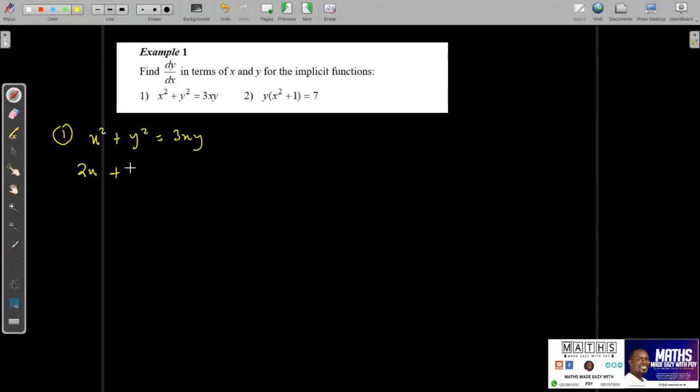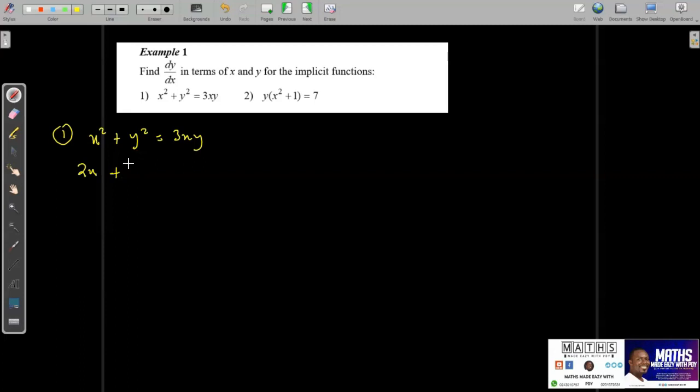Are you sure that it's 2y? How many of you agree that it is just 2y? It is 2y dy dx. I always told you that you are differentiating with respect to x.